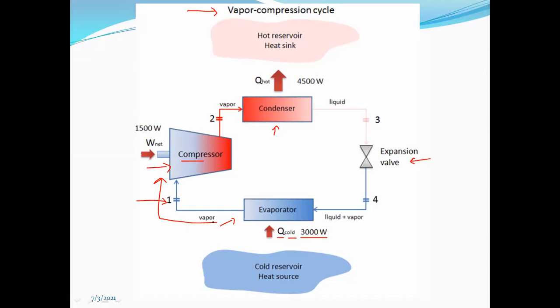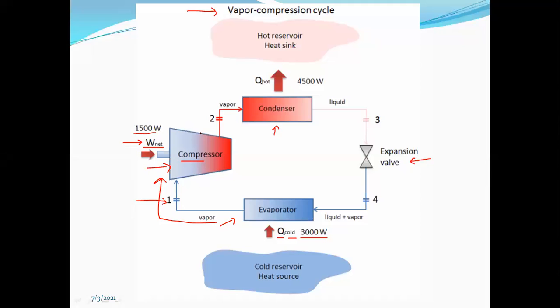Compression of the vapor takes place at 1500 watt. Whatever work is done, it is done by the compressor, and the total work done is known as W net, that is the total amount of work done.